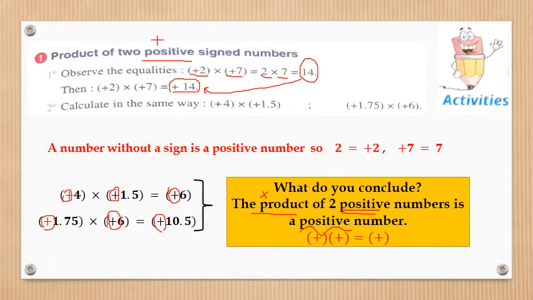So wherever you see plus plus next to each other, I can replace them by a plus sign, because the parenthesis means that these signs are multiplied by each other, and we know that the product of two positive numbers is a positive number.